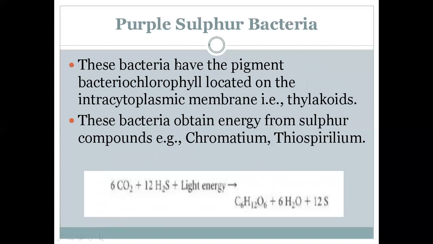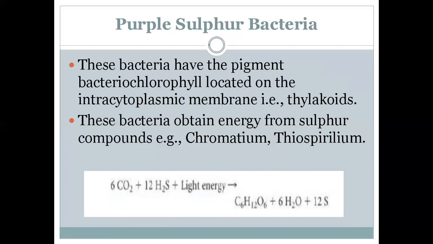So in purple sulfur bacteria, which show anoxygenic photosynthesis, they have the pigment called bacteriochlorophyll, which is located on the intracytoplasmic membrane, that is, thylakoids. When we study the structure of the chloroplast in a eukaryotic cell or plant cell, we will come across this word thylakoids.